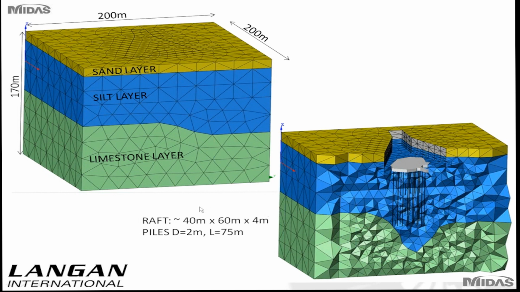Now typically the model would extend horizontally at least 3 to 4 times the length of the raft, and it would extend vertically 2 to 3 times the length of the piles, or if you don't have any piles, at least 4 times the length of the raft. Also note how the finite elements can capture the complex stratigraphy, which cannot be captured by simple hand calculations.